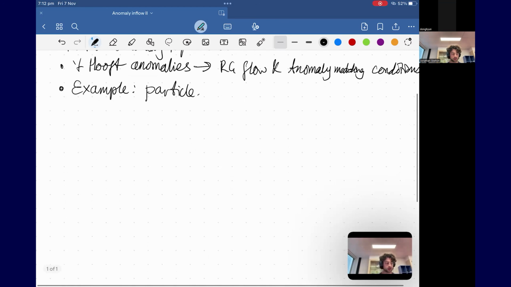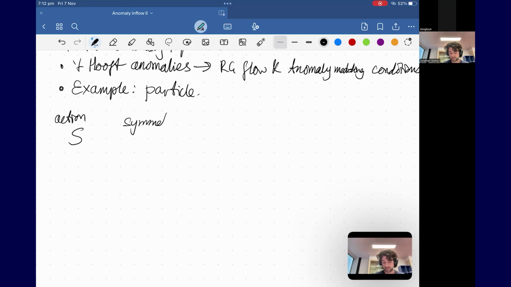Okay, so the idea to start with is, you might have a theory with action S, and it's got a particular symmetry group G. These things may be global or local symmetries.